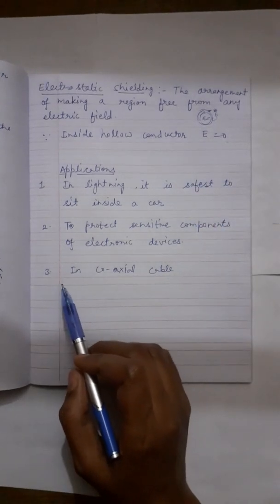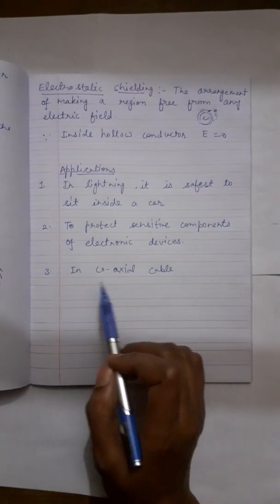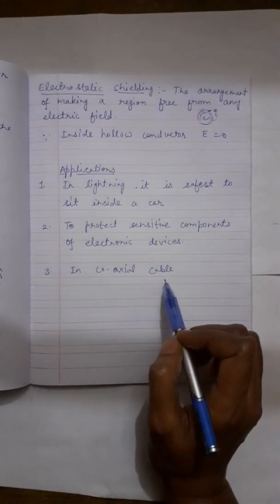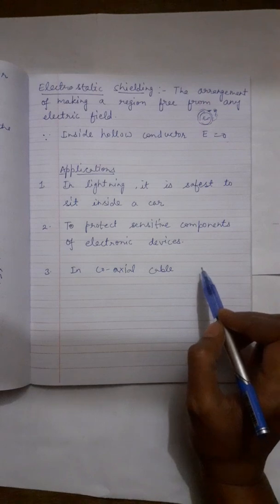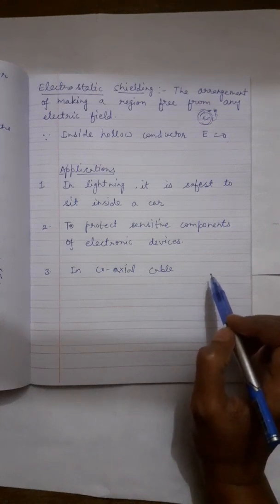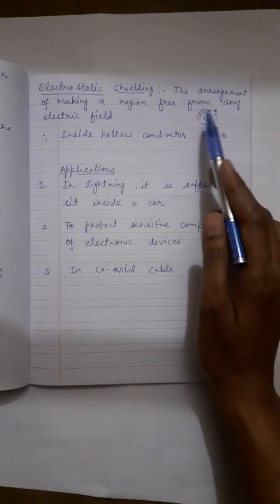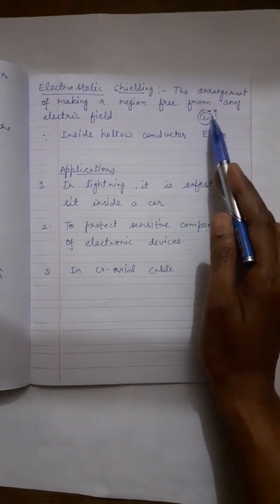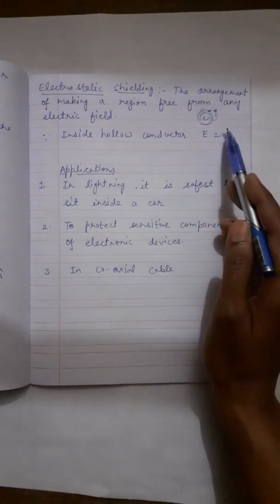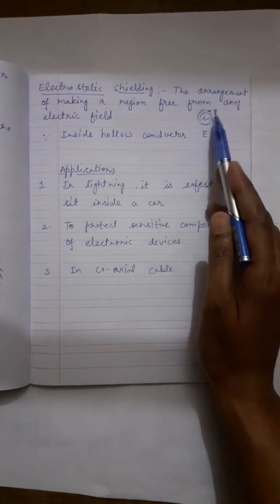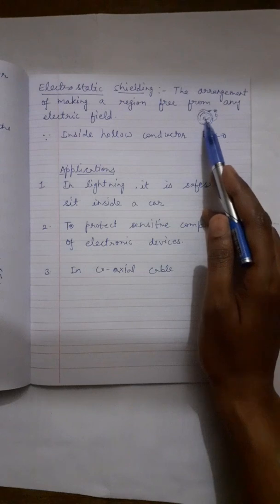Now the third use is in coaxial cables. We know that coaxial cables are used to carry signals. In the coaxial cable, the outer conductor is connected to the ground, which provides an electrical shield to the signals carried by the central conductor.